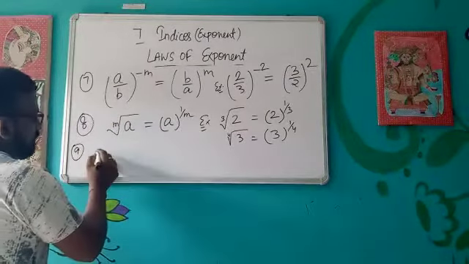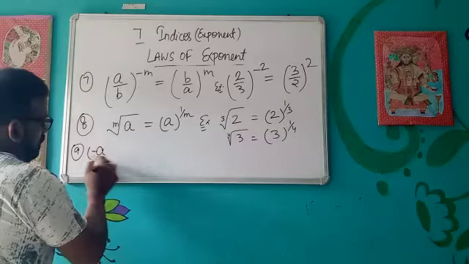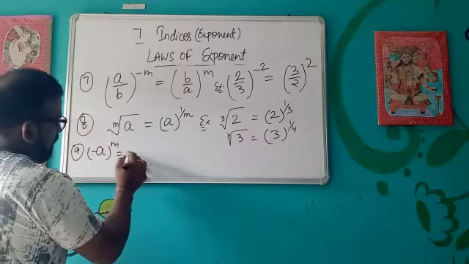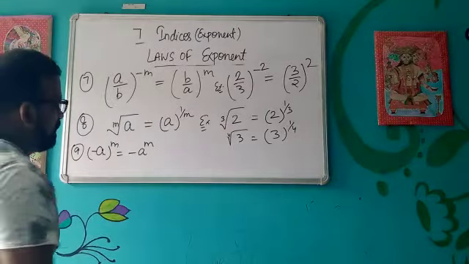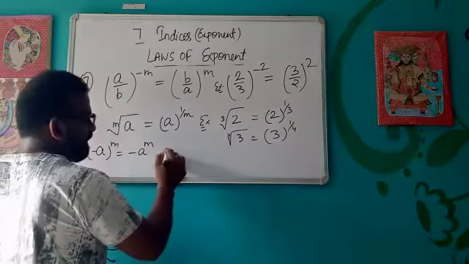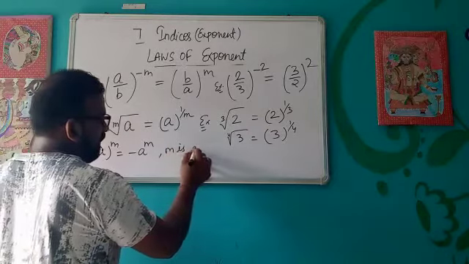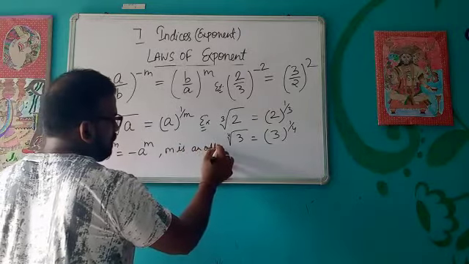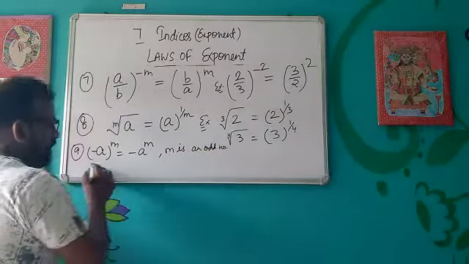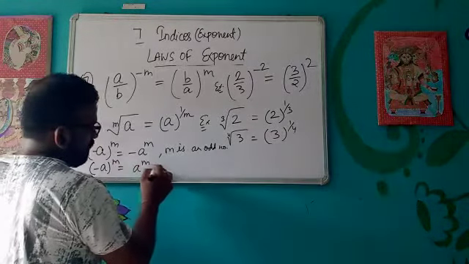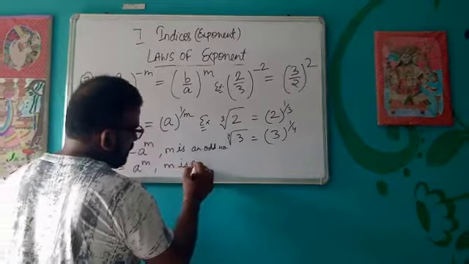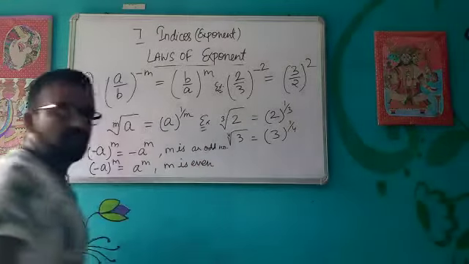Then suppose minus a to the power m: your answer will always be negative when m is an odd number, and minus a to the power m is always positive when m is even.